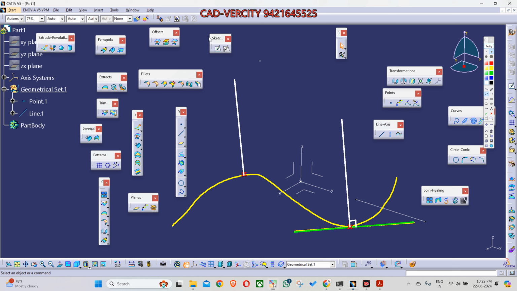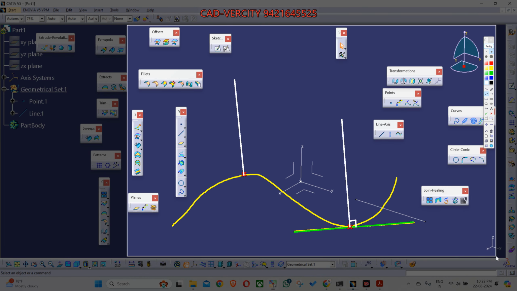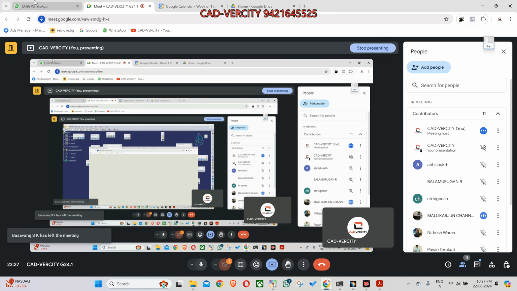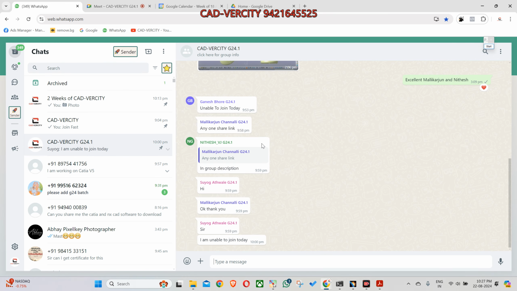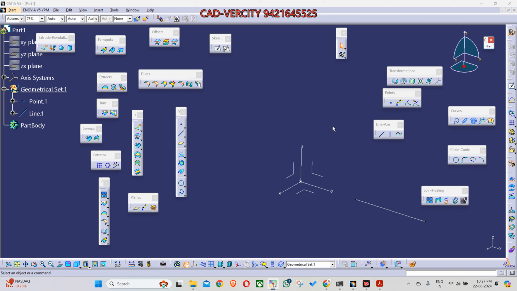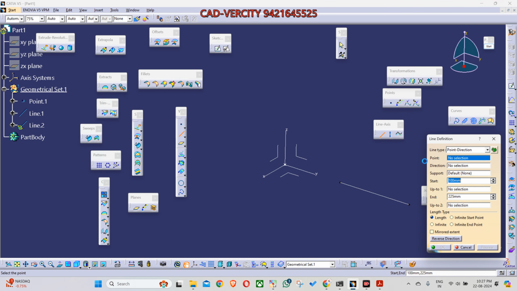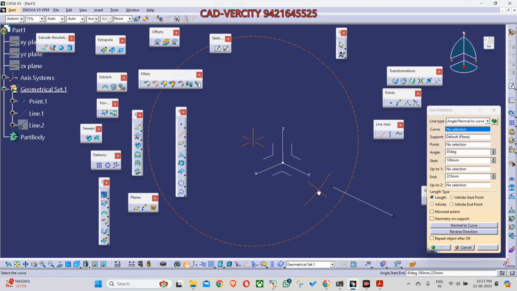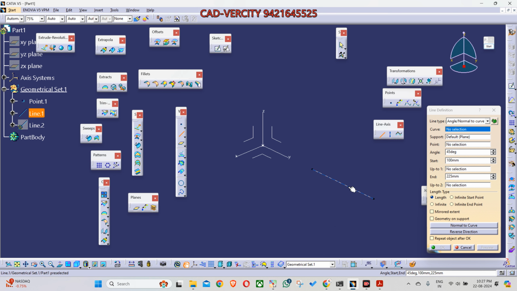See, I will take the screenshot just for your note. See, this option. We are going to take this option, Angle normal to curve. Select this. What will I need? I will need one curve. Can I select this line as a curve?